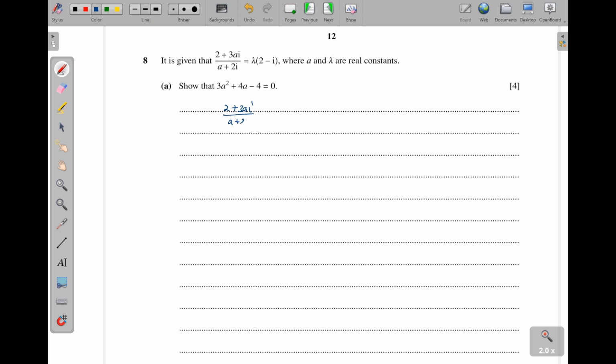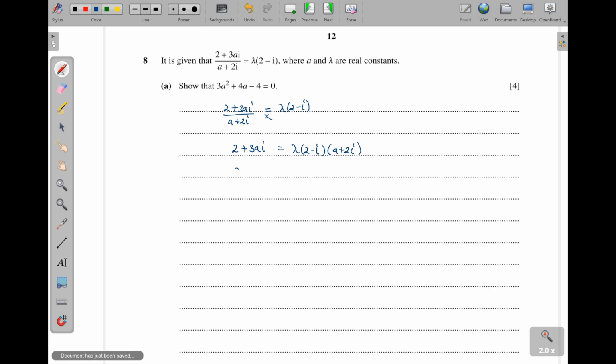This is a plus 2i, which is equal to lambda, then 2 minus i. So when I cross multiply, I'll have 2 plus 3a of i, which is equal to lambda times 2 minus i, then a plus 2i.